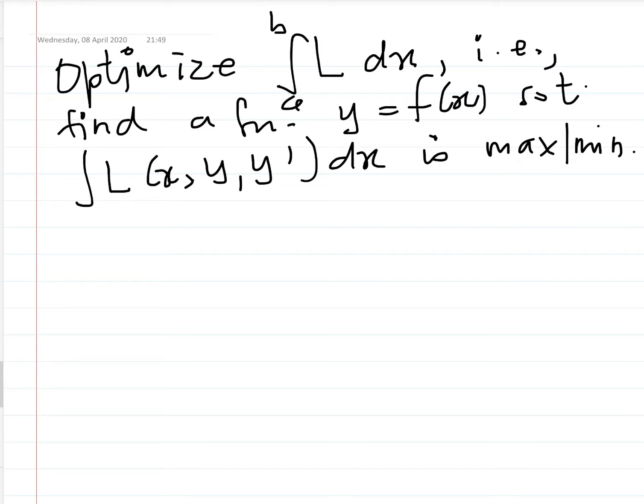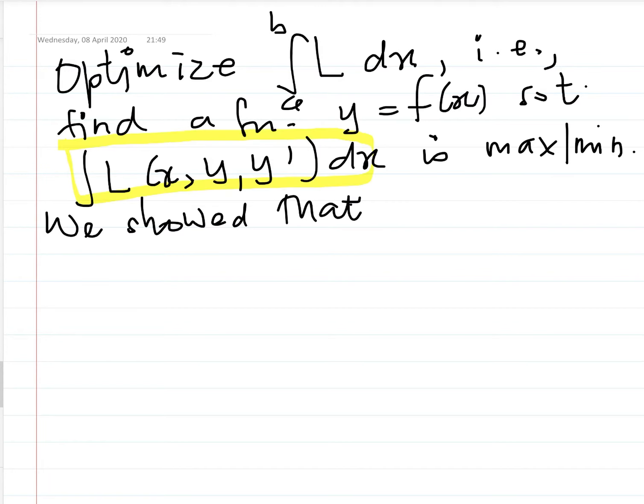We also showed that we can solve this problem by a problem in differential equations. We showed, let me just say that again, that such a function, that is the function that optimizes this integral, the function y equal to f of x, satisfies what I called an Euler-Lagrange equation.